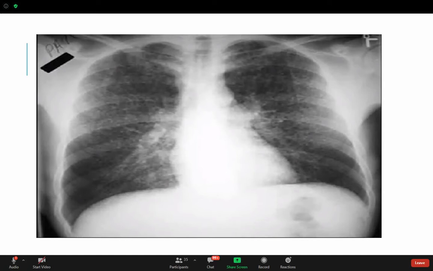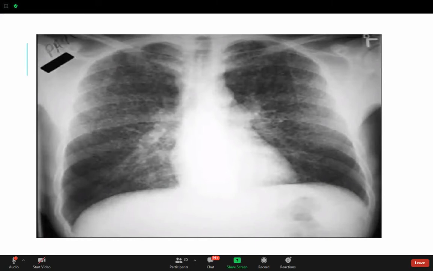Is it in the lower? Okay, bilateral, all over the place.